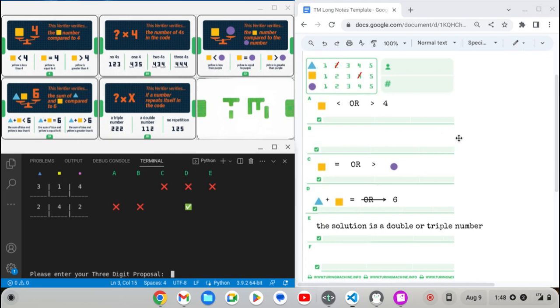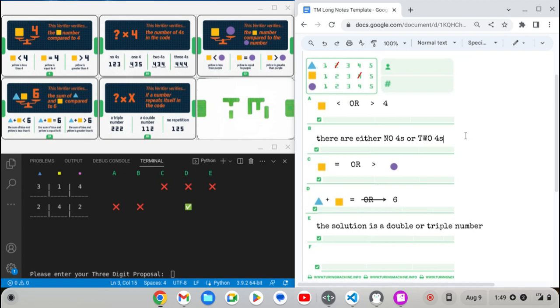So let's phrase it that way in our notes, that there are either no 4s or 2 4s. Okay, so if there are 2 4s, well, it would be 4 2 4. So that would give us a 6.